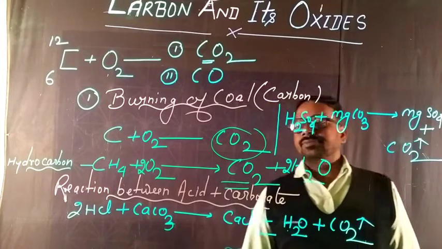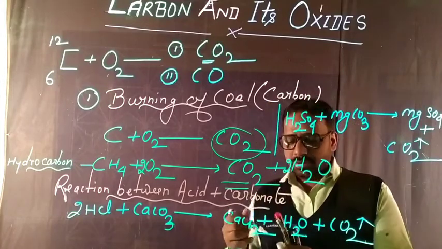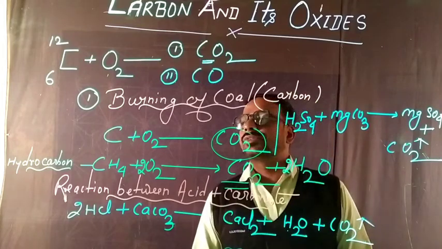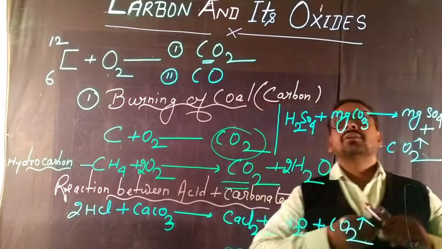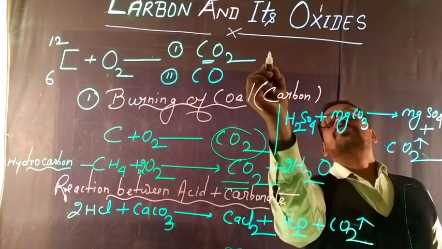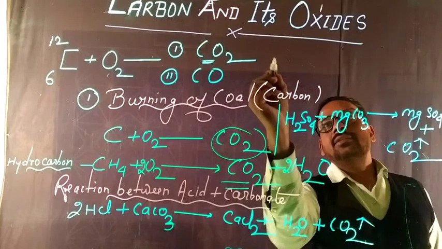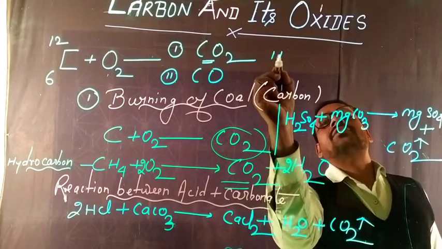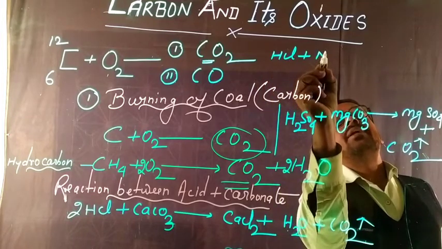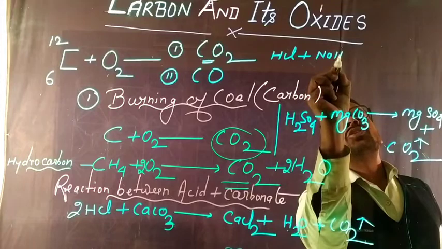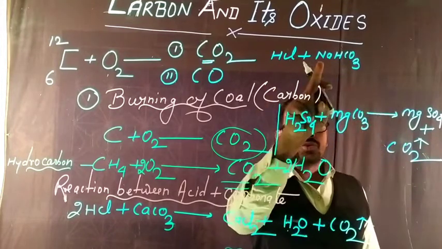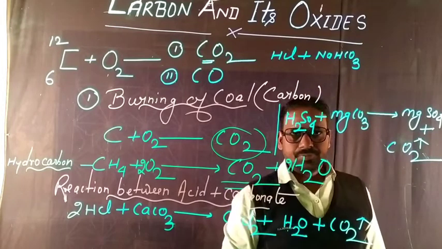Similarly, I want to make you understand the second reaction: when a metal acid, suppose I am taking HCl again, reacts with metal carbonate and metal bicarbonate, such as NaHCO3, an example of sodium bicarbonate.